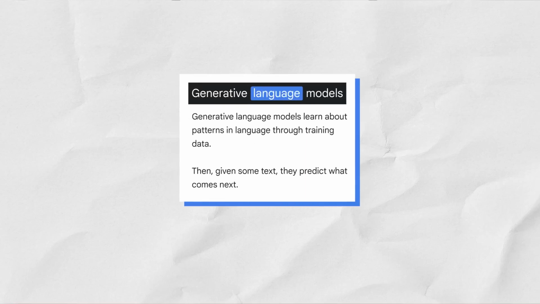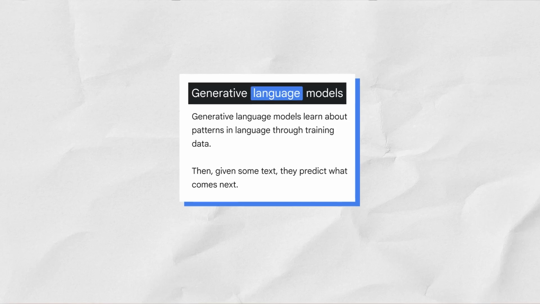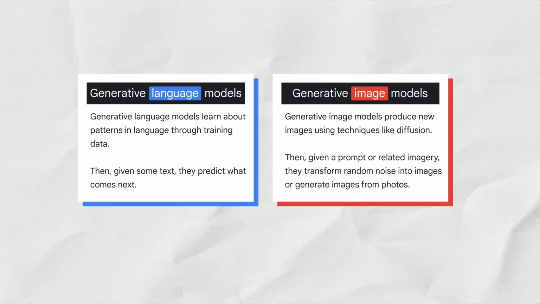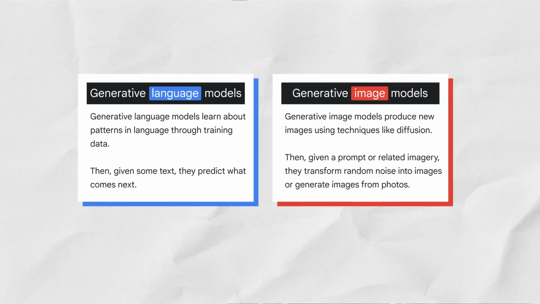Like I mentioned earlier, a generative language model can take what it has learned from the examples it's been shown and create something entirely new based on that information. That's why we use the word generative. But large language models, which generate novel combinations of text in the form of natural-sounding language, are only one type of generative AI. A generative image model takes an image as input and can output text, another image, or video.